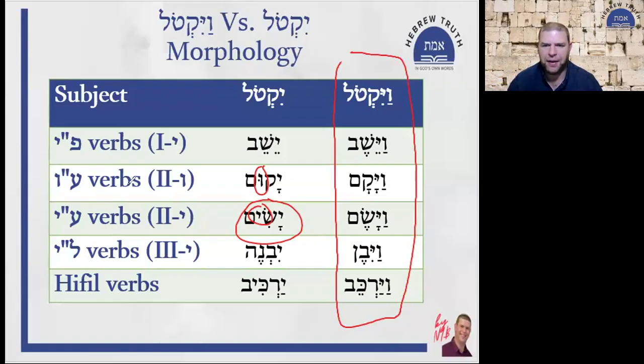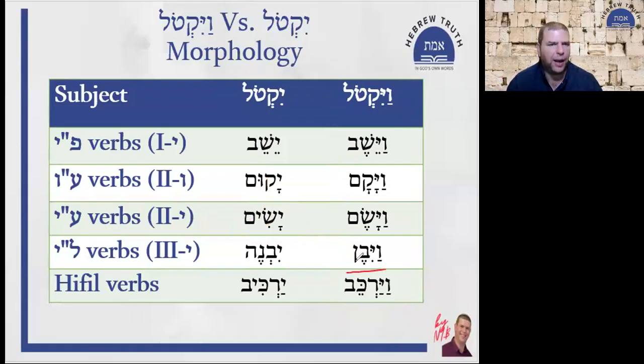So, Vayiven Uzziyahu Migdalim Yerushalayim, and Uzziah built towers in Jerusalem. So Vayiven, and he built. Yivneh, he will build. God will build the Galilee. El Yivneh HaGalil. It was a song, an early Zionism song.